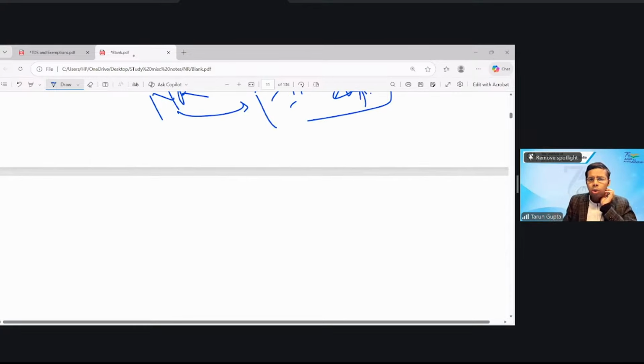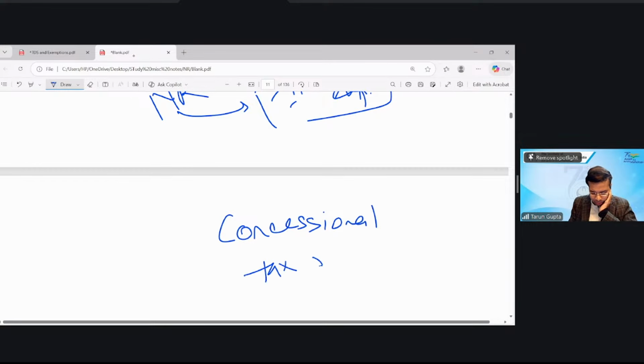Even Indian companies borrow a lot of money from outside India, and it is subject to tax in the hands of the recipient, the lender. To encourage them to lend money to Indian companies, the government has provided a concessional tax rate on this interest income which is received by the non-resident from an Indian concern.